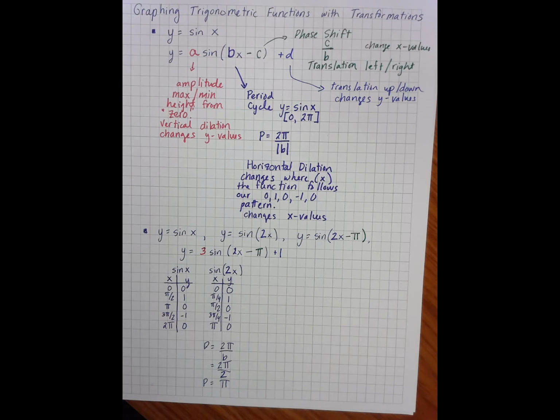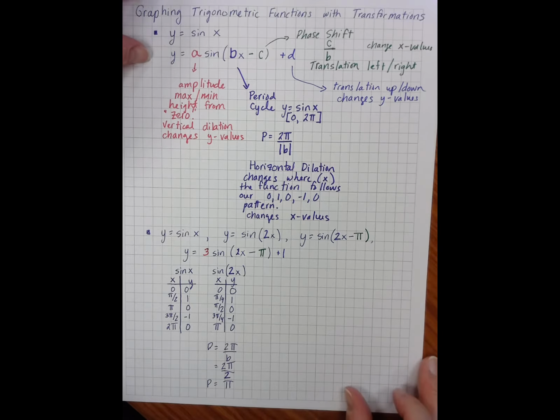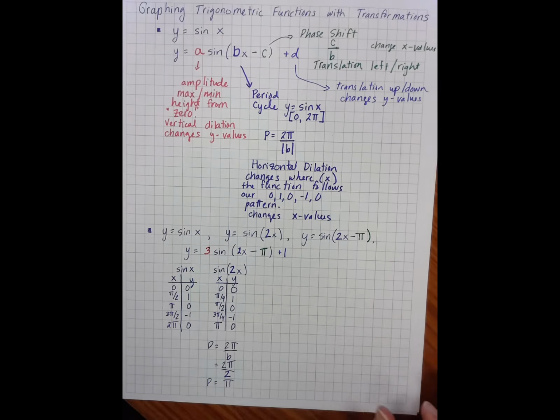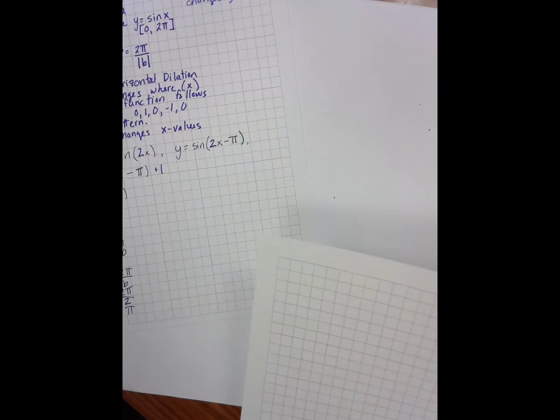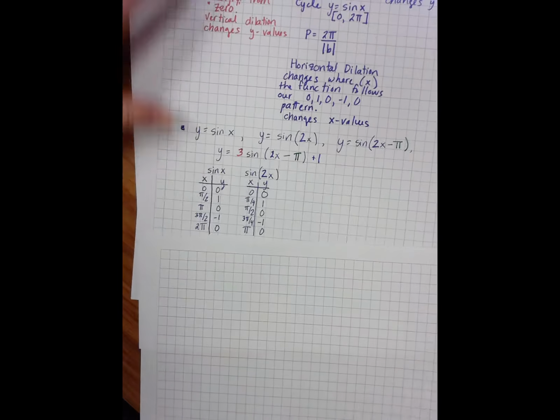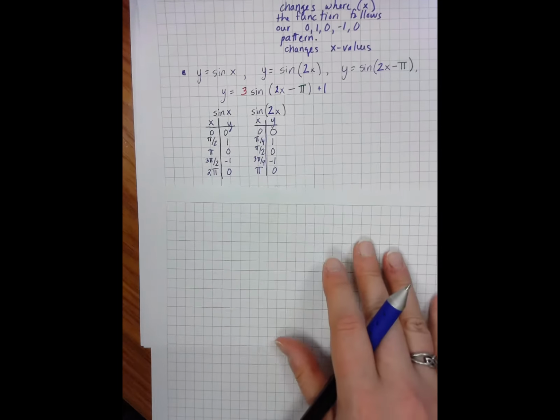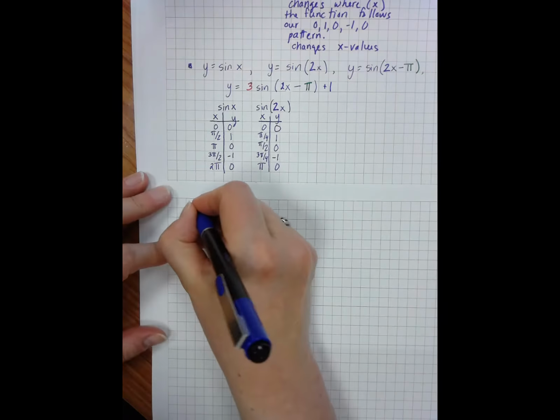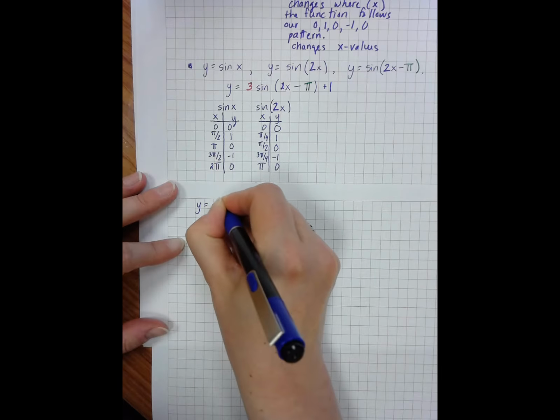So let's start by graphing these two functions right next to each other. So I'm going to pick up another page because we obviously do not have room to graph this on this page. Okay, so I'm going to say y equals sine x.